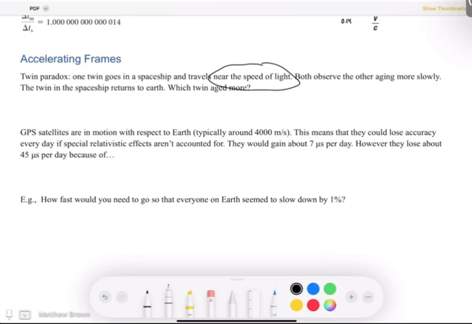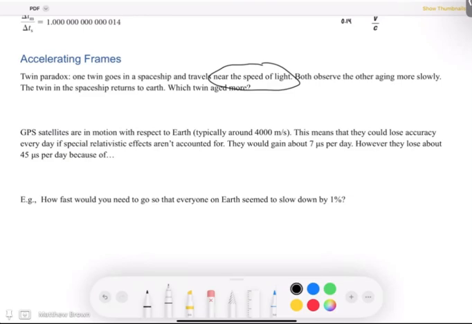If the one in the spaceship went past Earth a couple of times, traveling near the speed of light, like 0.999 the speed of light or whatever, they would have had this effect. They would see each other aging more slowly, moving in slow motion. So how do you figure out which one is actually older?